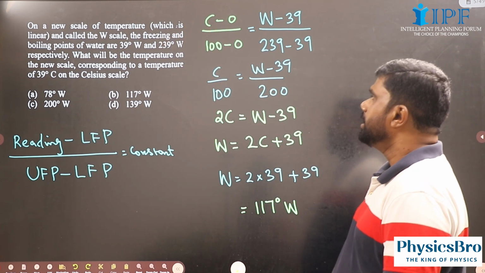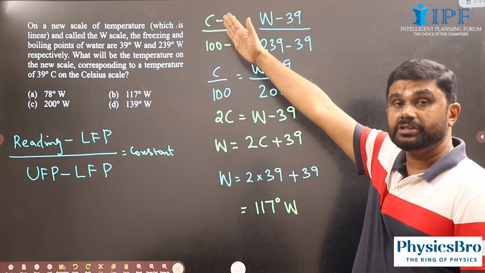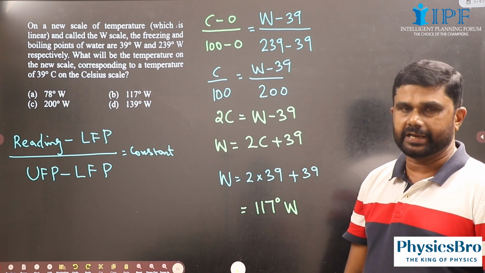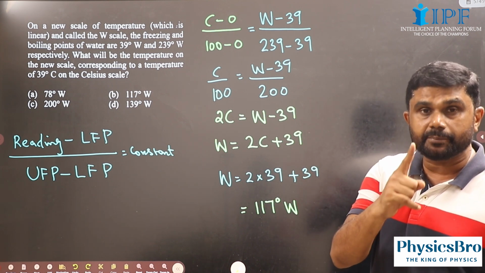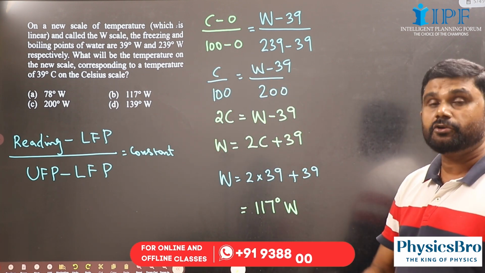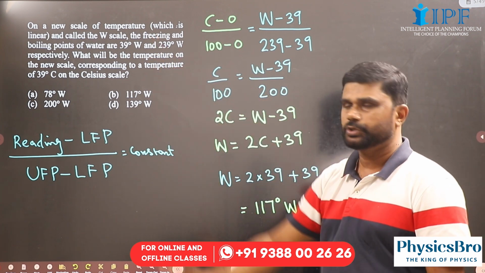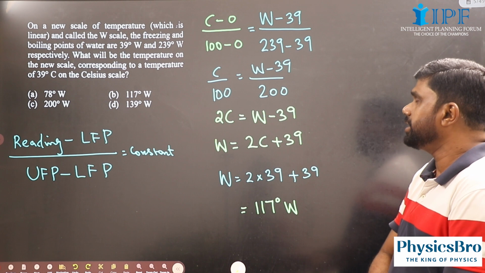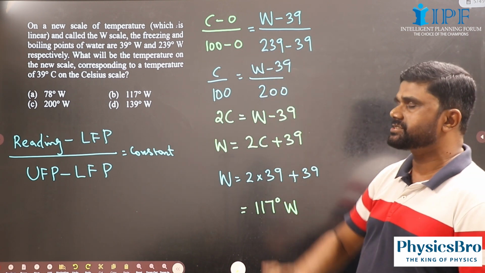For the Celsius scale, suppose the reading is C, and on the arbitrary scale the reading is W. The lower fixed point, usually the melting point of ice, on Celsius scale is 0 degrees Celsius, and on this arbitrary scale it is given as 39. And the boiling point of water, or the upper fixed point, for the arbitrary scale is 239, and for Celsius scale it is 100.